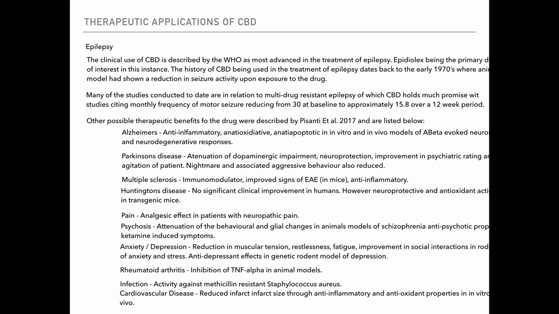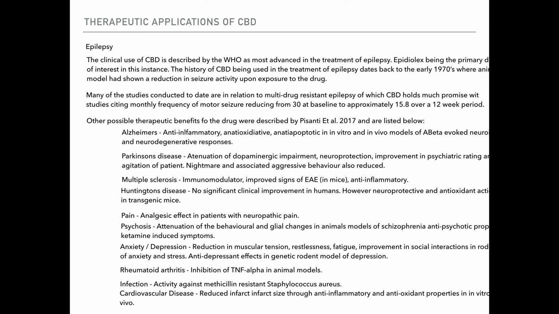Psychosis: attenuation of behavioural and glial changes in animal models of schizophrenia, with antipsychotic qualities associated when it was induced by ketamine in these animal models. So it did show promise there. Also, it's worth mentioning that there is an antidepressive effect in genetic rodent models of depression, and a reduction in muscular tension, restlessness and fatigue.